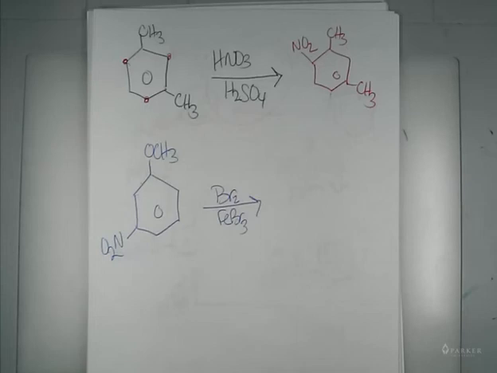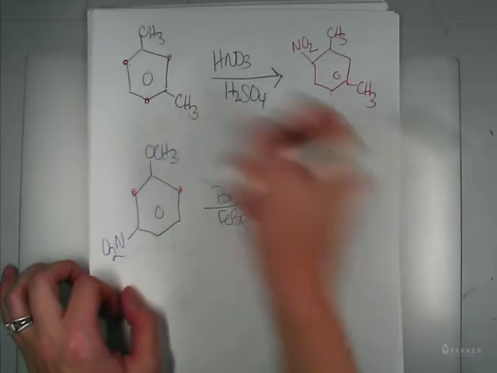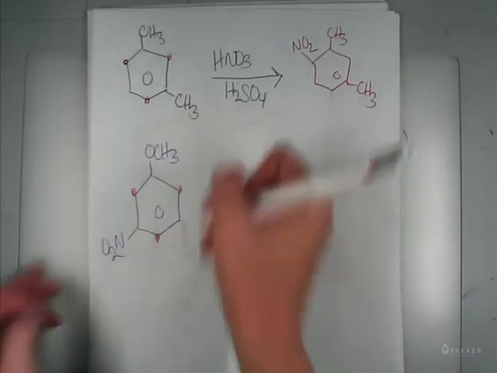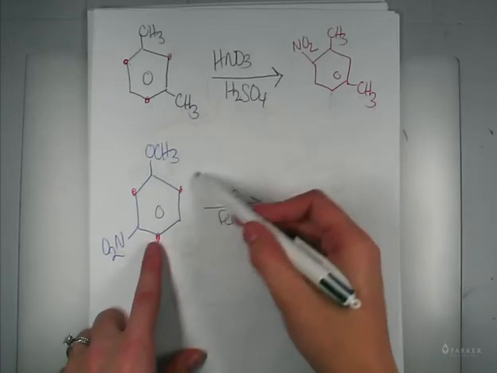OCH3 is the strongest activator. And so let's mark then all of the ortho-para positions. So ortho would be here, here, and para would be there. Now which position is the worst position? The one in between the two.